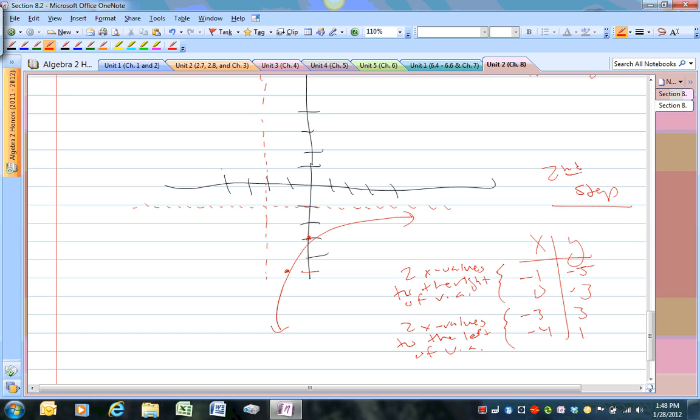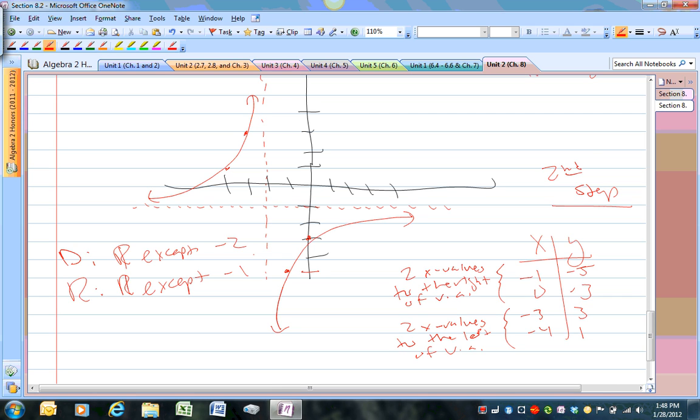So negative 3, 3. Negative 4, 1. So that's how your graph will look. Domain and range, all real, however, except. Domain is all real except negative 2, because you can't plug in negative 2 for x. Range is all real except negative 1, because we can't get negative 1 coming out for y.